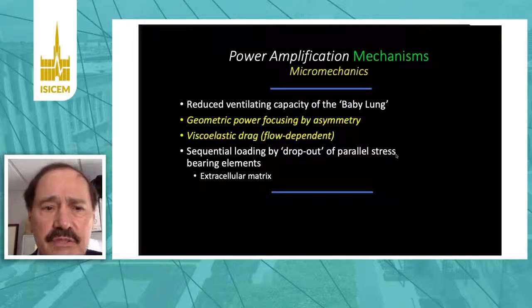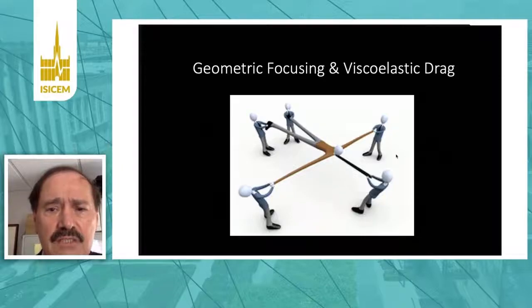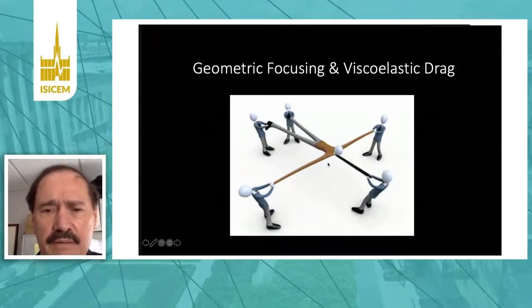Talking about geometrical power focusing by non-symmetry and viscoelastic drag, which is flow dependent, let's use this image. If you have an unyielding part of the lung surrounded by lung units that are tugging on it, then the geometric stress focusing is impressive. And if you do it faster rather than slower, you get also more problems.